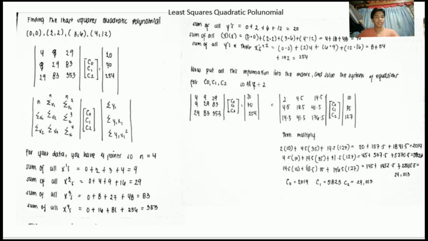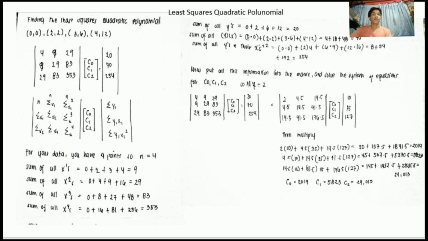Next, we have the sum of our x to the 4th powers, which is equal to 0 plus 16 plus 81 plus 256, which is equal to 353, our row 3 column 3 entry. After that we need the sum of all our y's, which is 0 plus 3 plus 6 plus 12, equal to 20.